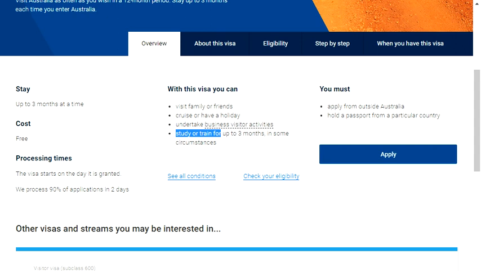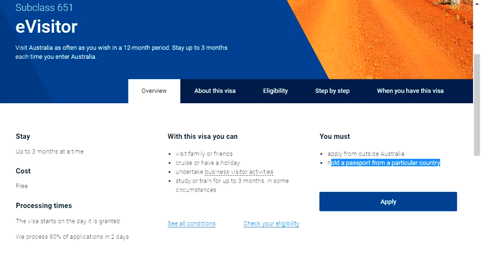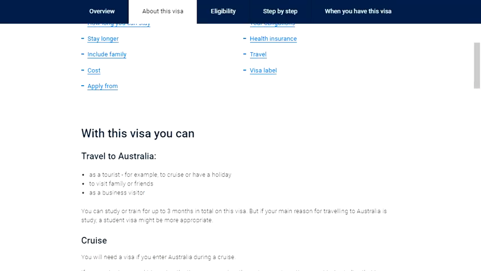And in order to apply for this visa, you must be outside Australia and hold a passport from a particular country. That means this is not applicable to the passport holders of all the countries. We will go through all of that. Let's go to the next section so that we can know more about this visa in detail.